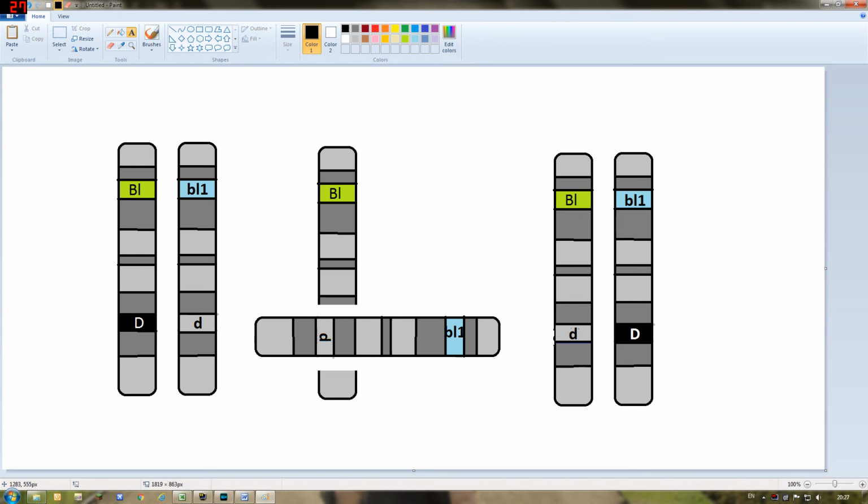That means that if it splits there, or anywhere up here, then when it rejoins they will be on different ones. The closer they are together, the less likely it is that when they split and rejoin they'll be on different chromosomes, because the likelihood is that where the split happens, it will still leave the two genes on the same segment of the chromosome.